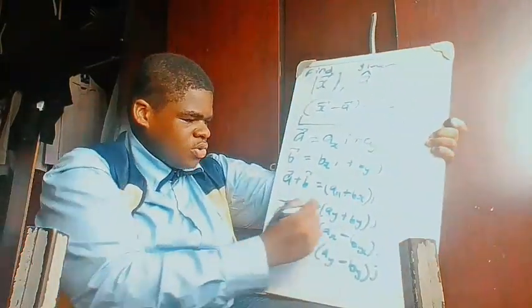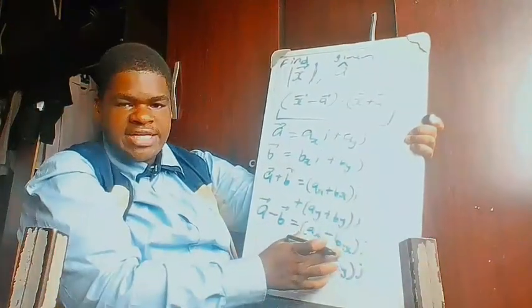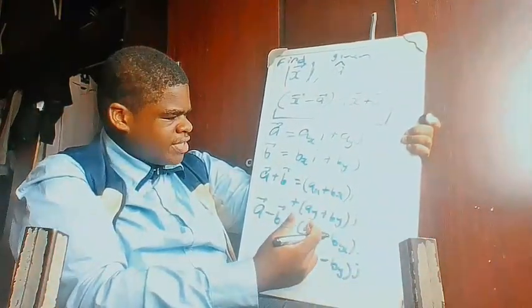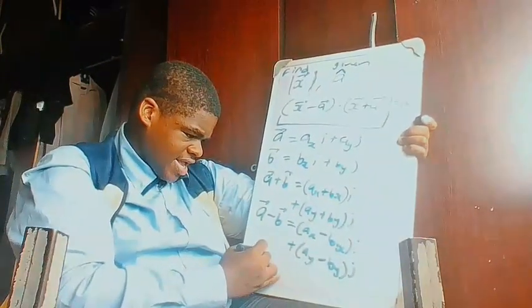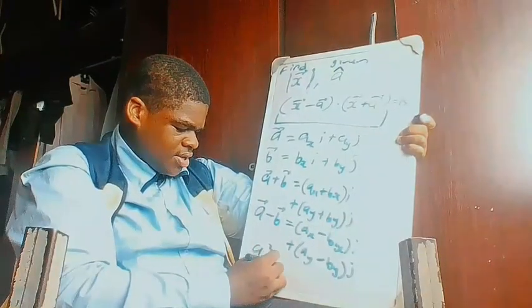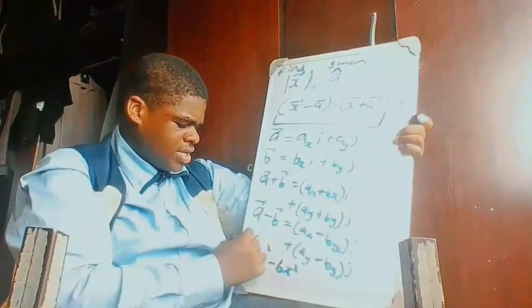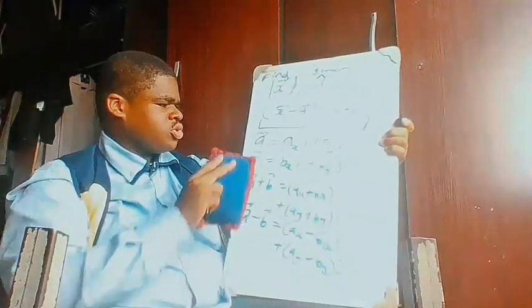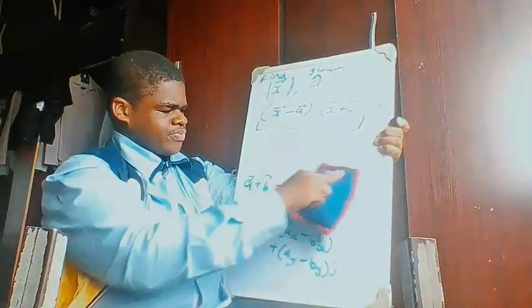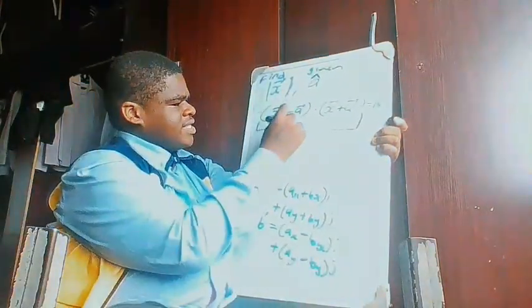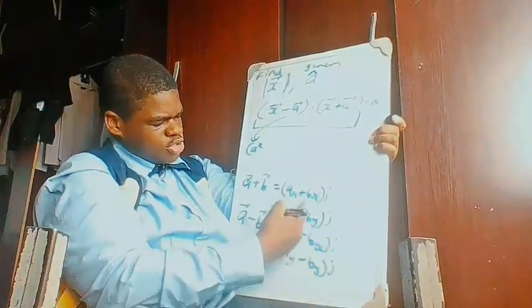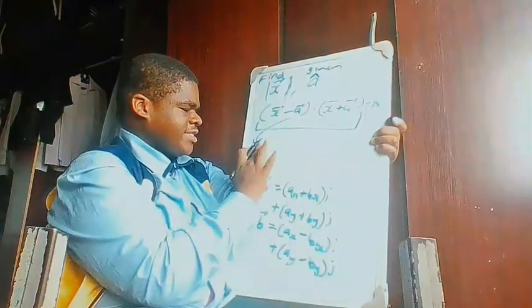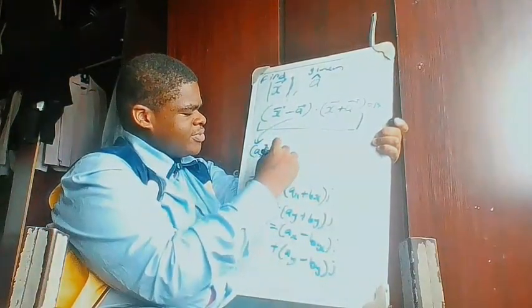We're going to have ax plus bx times ax minus bx, which is basically just ax squared minus bx squared.